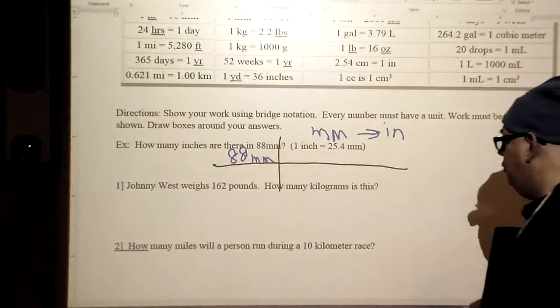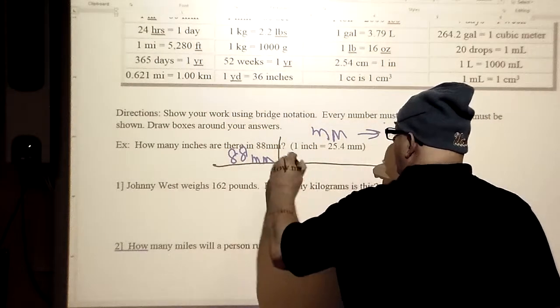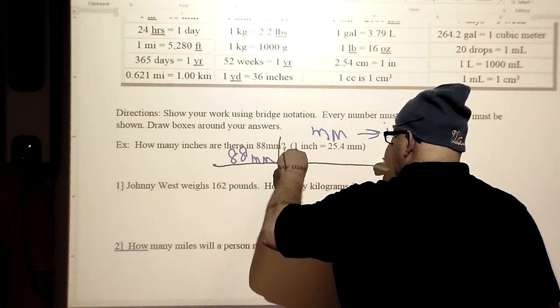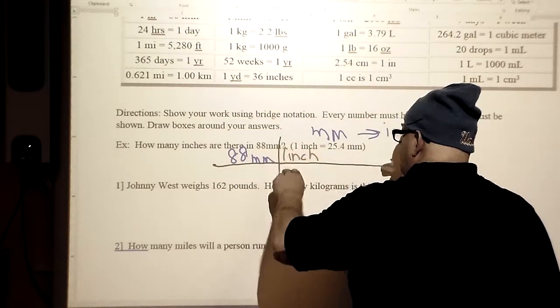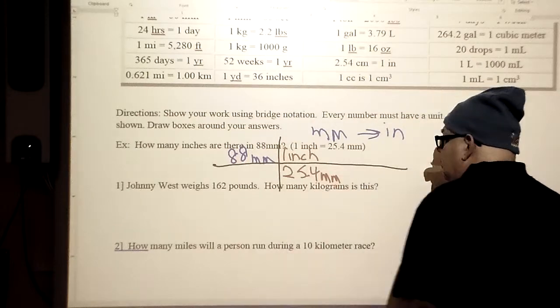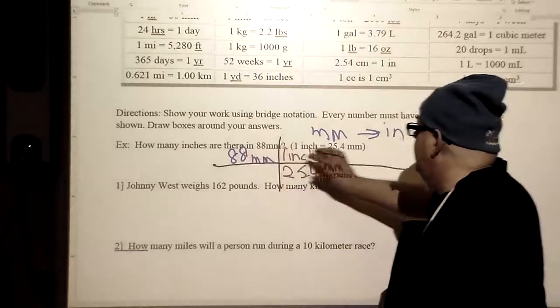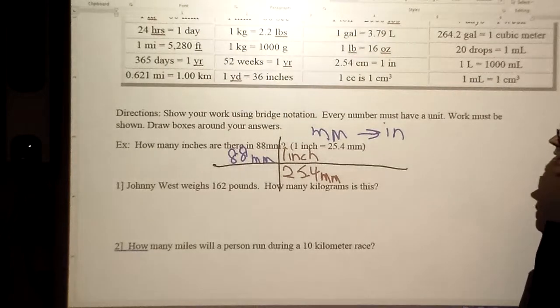I know I have to change it to inches, so I'm going to have 1 inch is equal to 25.4 millimeters.